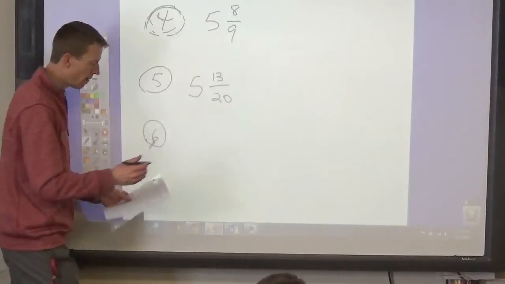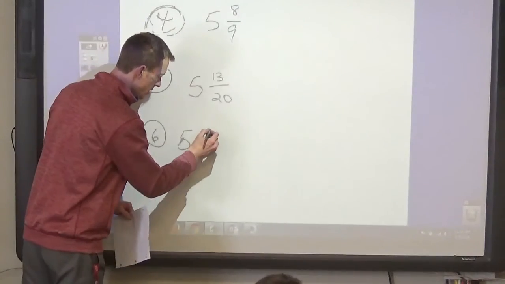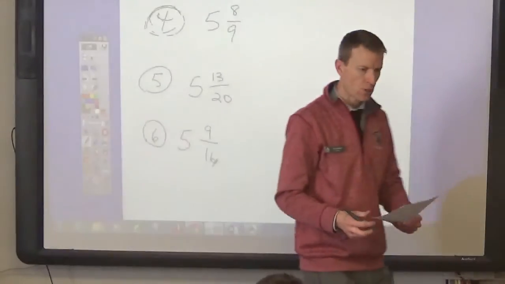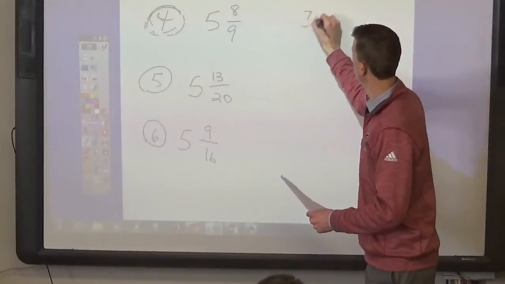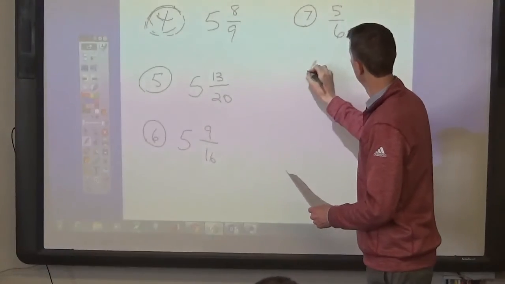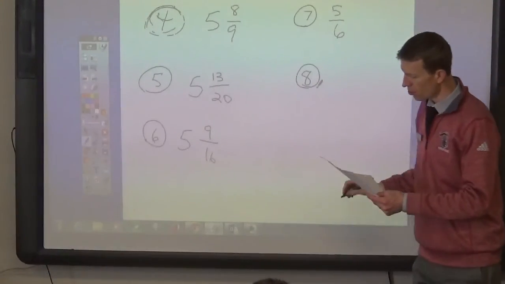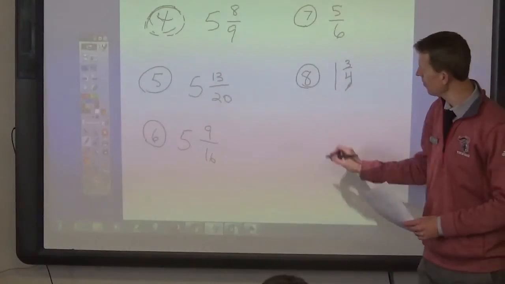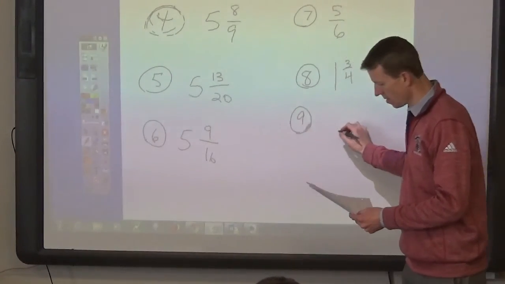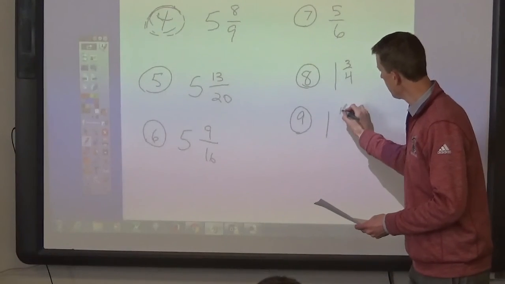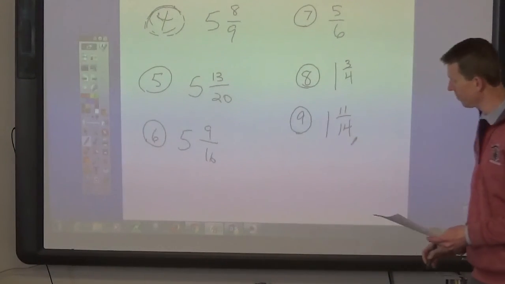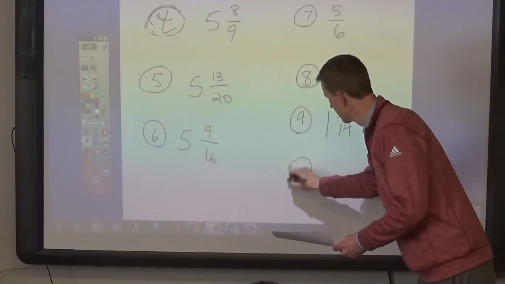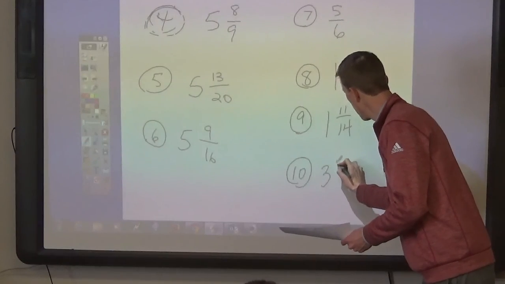Number 6, you should have gotten 5 and 9/16. Number 7, you should have gotten 5/6. Number 8, you should have gotten 1 and 3/4. Number 9, you should have gotten 1 and 11/14. And number 10, you should have gotten 3 and 5/8.